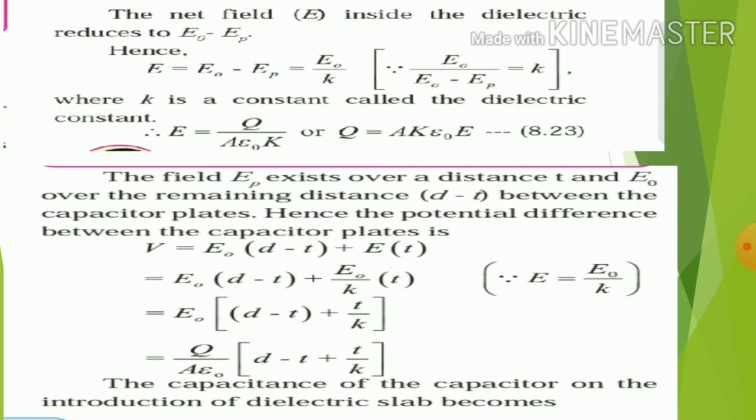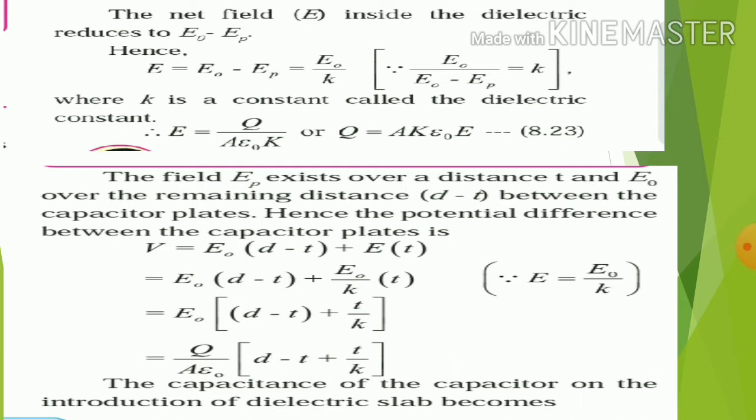This is equation 8.23. The electric field Ep exists over a distance t and E0 over the remaining distance d minus t between the capacitor plates.